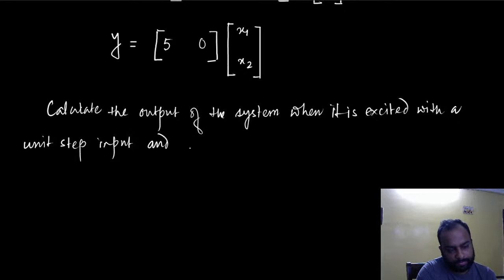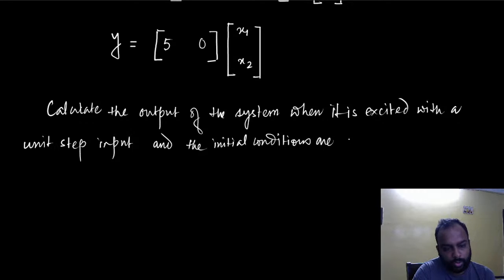And the initial conditions are x10, x20.